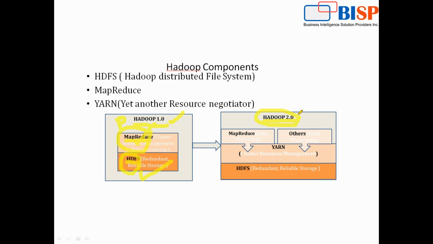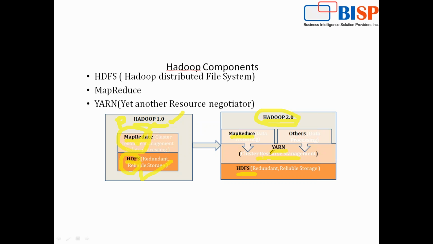Now if you come to 2.0, you have some additional components which have made things easier for everyone. The basic parts are HDFS to store the data and MapReduce to process the data, and we have two more components here. One is Yarn, which is yet another resource negotiator. It manages all the resources within the Hadoop cluster.